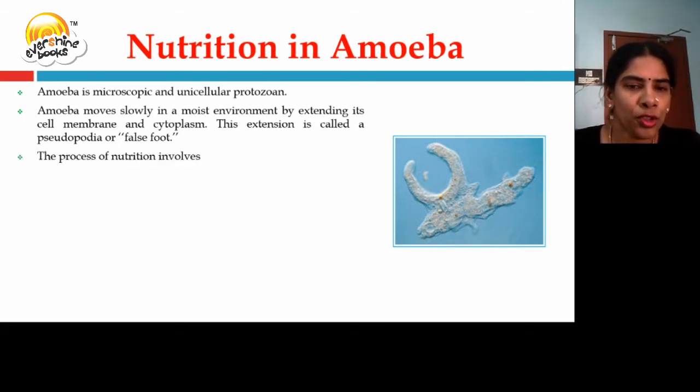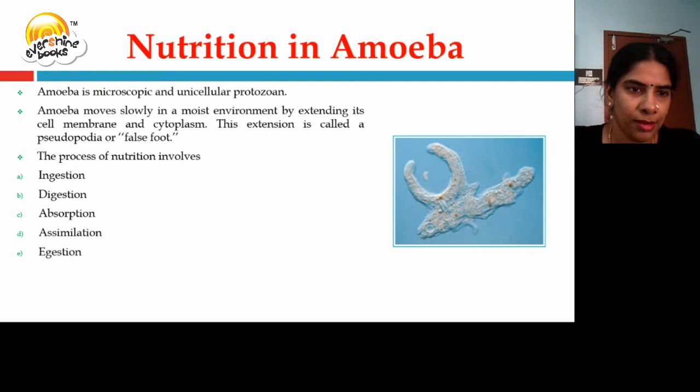The process of nutrition involves ingestion, digestion, absorption, assimilation and egestion. So, the process of nutrition in amoeba takes place by ingestion, digestion, absorption, assimilation and egestion.